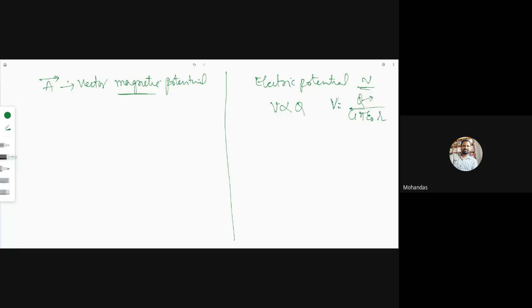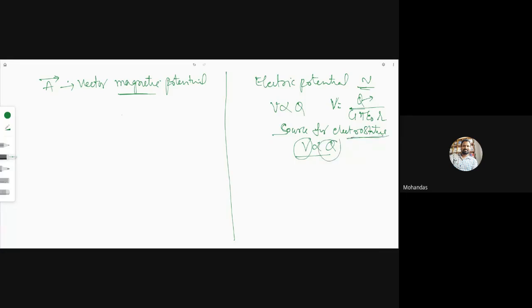And what is the Q here? Q is the source for the electrostatic field. So V is proportional to Q. That is, electric potential is proportional to the source of that electrostatic field.